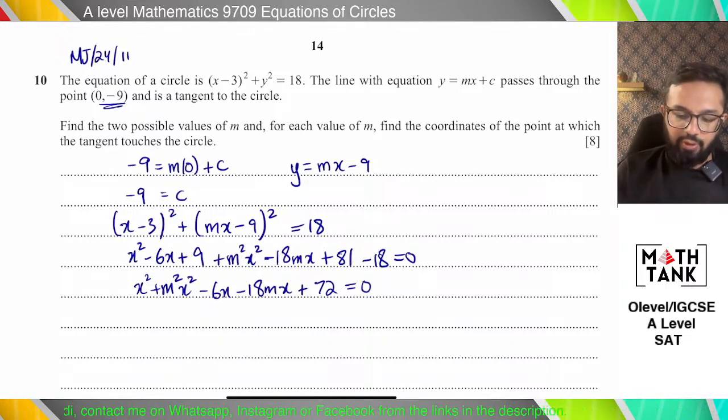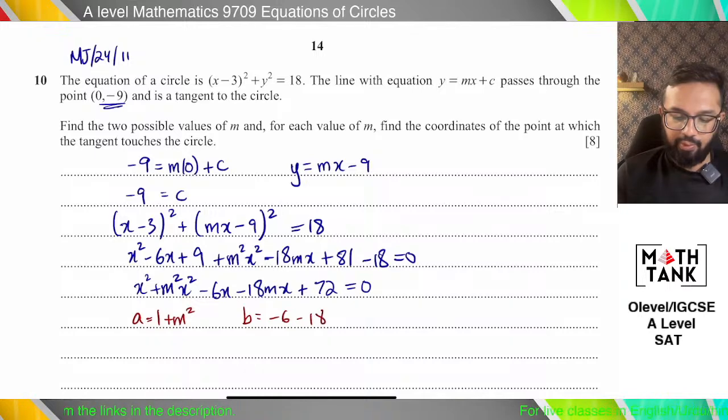So if it's a tangent, I am going to use the discriminant to solve this, and c is 72.